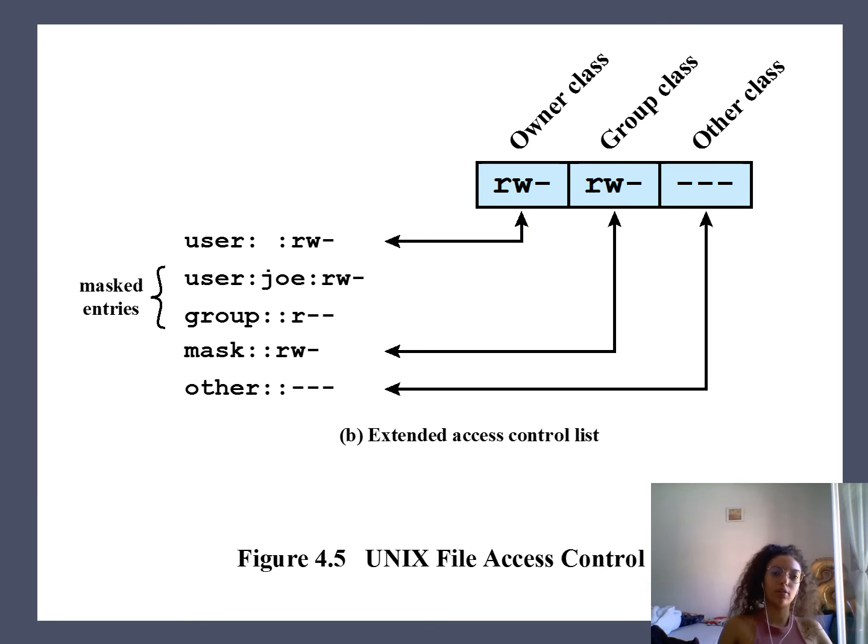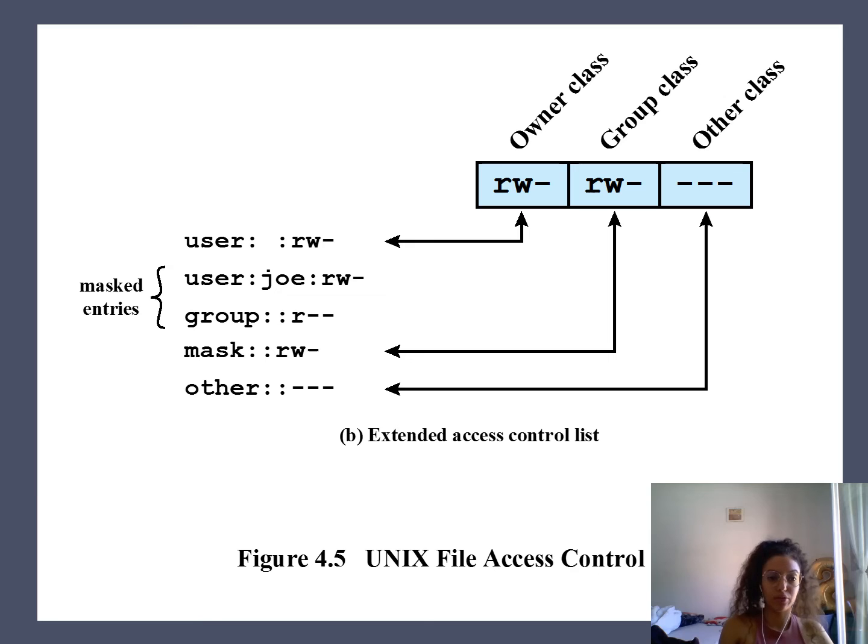FreeBSD and most Unix implementations that support extended ACLs use the following strategy. First, the owner class and other class entries in the 9-bit information field have the same meaning as in the minimal ACL case.